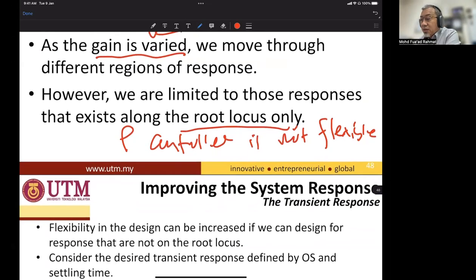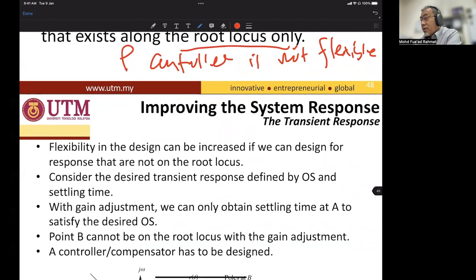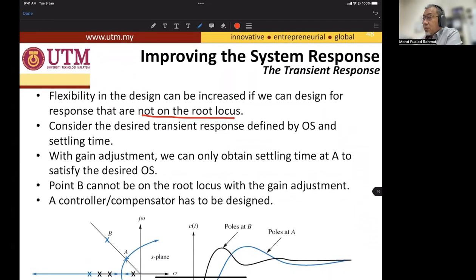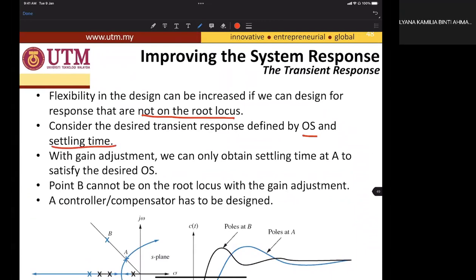So we need flexibility in the design so that we can obtain responses that are not on the root locus. Consider the desired response defined by overshoot and settling time. With gain adjustment, we can only obtain the settling time at A to satisfy the desired overshoot.